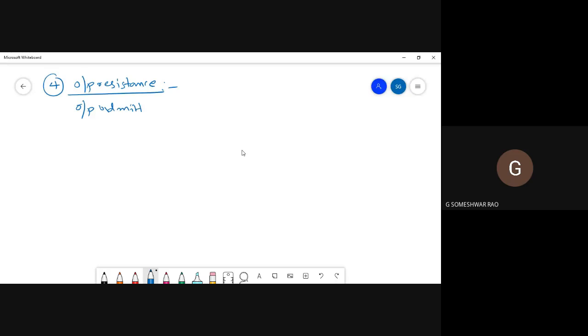So what is output admittance actually? Before going to that, let me draw the CE amplifier once again, because for the entire analysis this diagram is very essential. RS is the source resistance and VS is the source voltage.